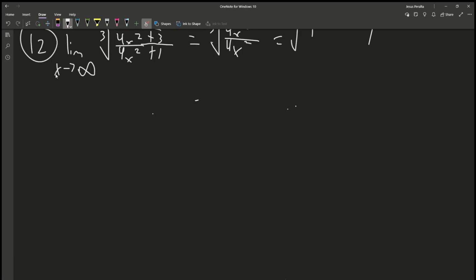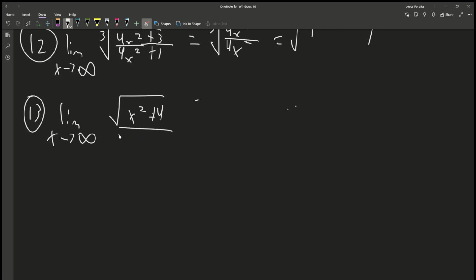Moving on, we have number 13, which is a limit as x approaches infinity of square root of x squared plus 4x minus 2. So, square root of 1 over x squared, which is equal to 1 over x.